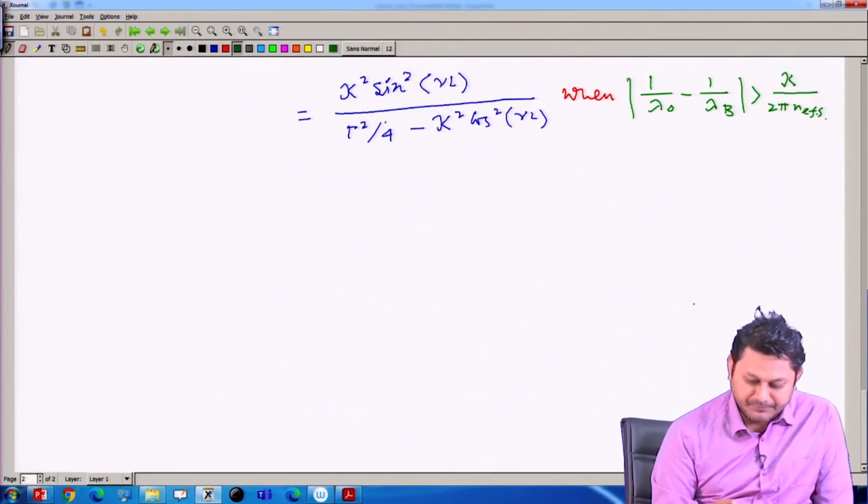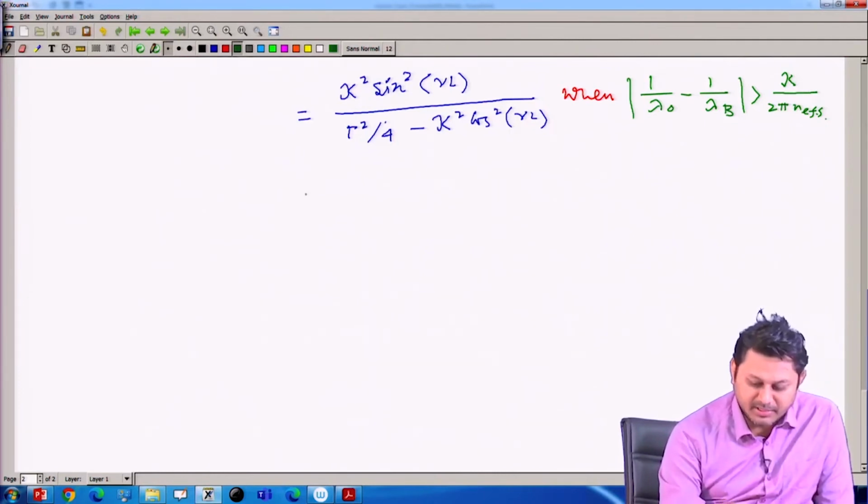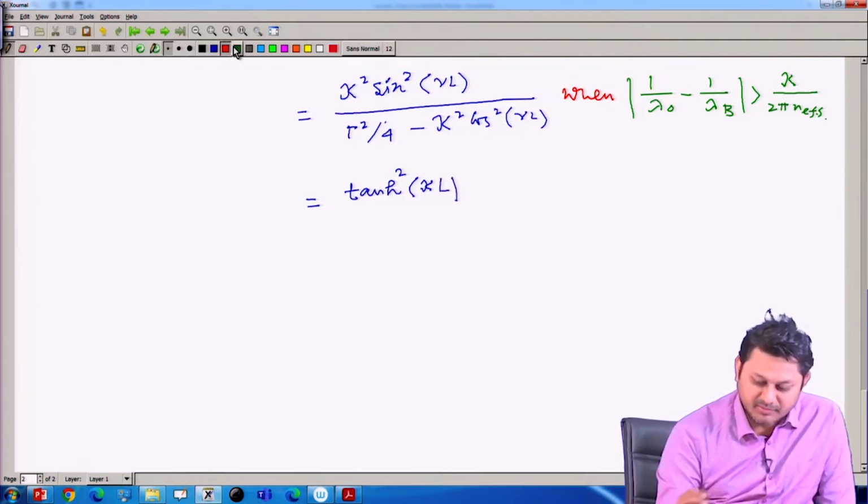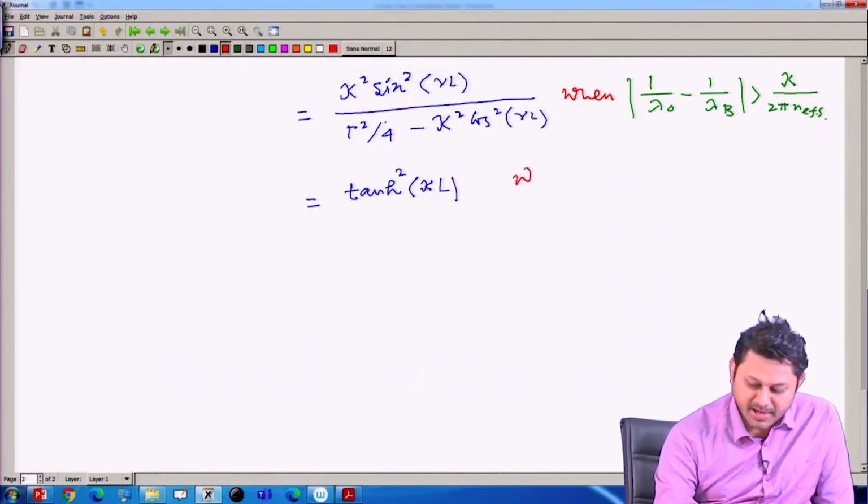And finally, there is a condition that this equals simply tan hyperbolic square of kappa L. I can also have this expression, and this expression is for peak reflectivity. So, when the Bragg condition is valid, when lambda 0 is equal to lambda b, we have this condition.